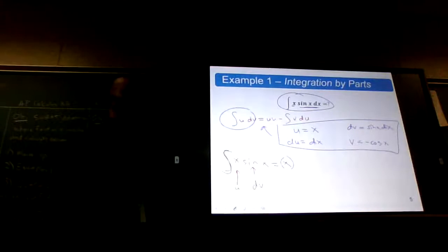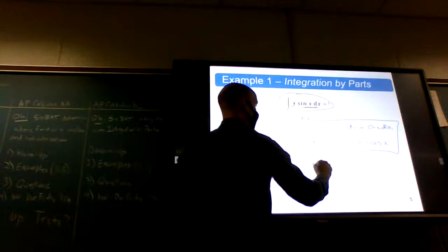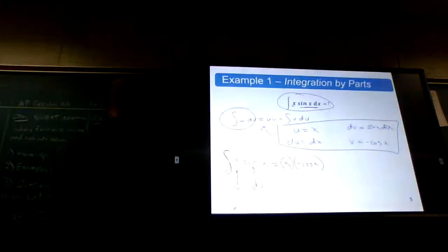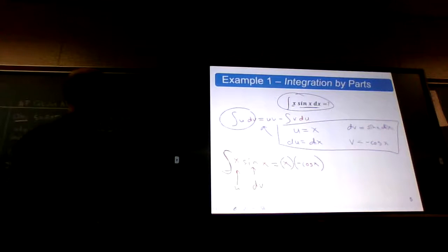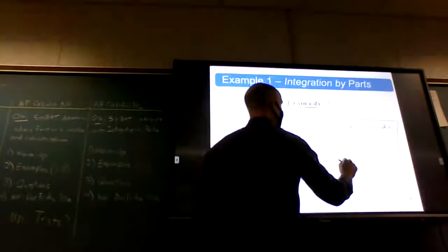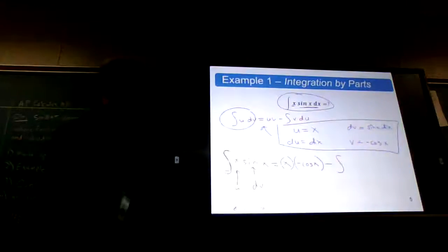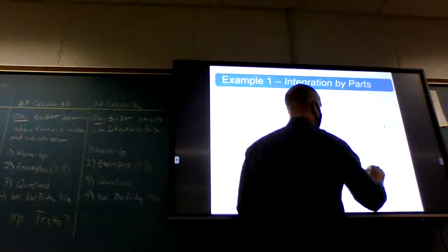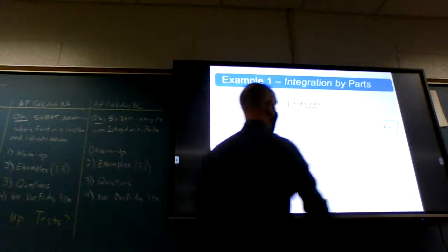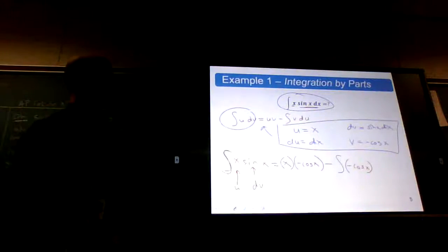What's v? Negative cosine of x. Again, I'm leaving off the plus c. He has a good question, and we'll see if we have time to talk about that later. Minus the integral of v, which is negative cosine of x, and then what's du?